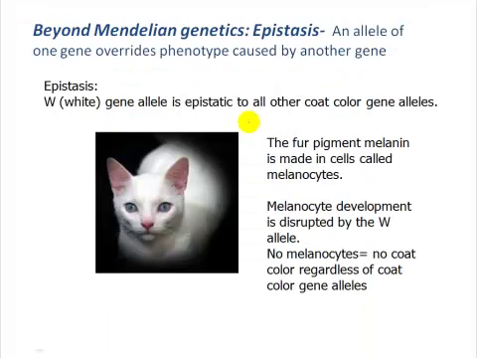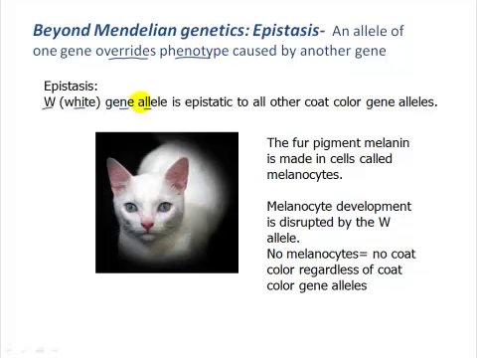There is a different gene, the W gene, where a specific allele, the white allele, is what's called epistatic to all of the other coat color genes, which means that it overrides or blocks the phenotypic expression caused by those other genes.